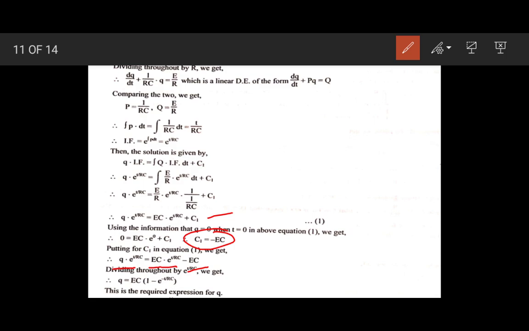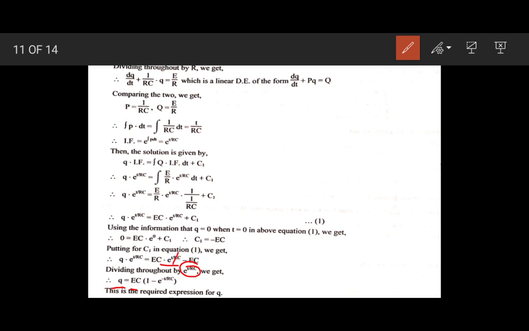Okay, now I am going to divide throughout by e raised to t upon RC. So now the left hand side will be only Q, that is equal to EC into, I am dividing with the e raised to t upon RC.